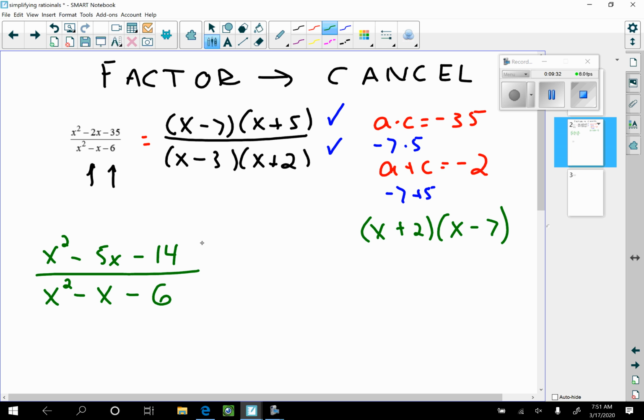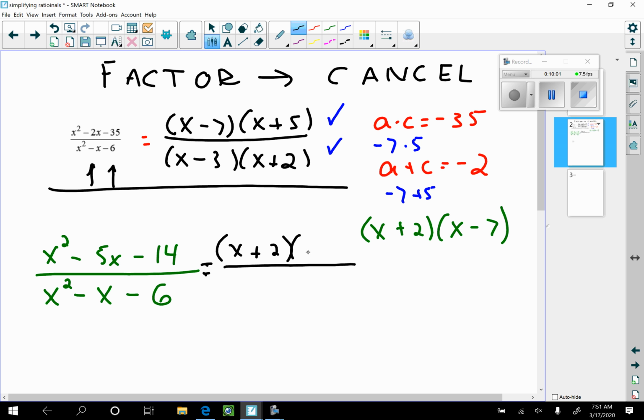Now, if I were to ask to factor and cancel this, it's going to be pretty easy. I already have the factorizations here, but I want to show you how this cancelization works. Sometimes you won't have factors that cancel, as in the previous example. So let's try this one. The factorization on the top is x plus 2 times x minus 7, and on the bottom it's x minus 3 times x plus 2.